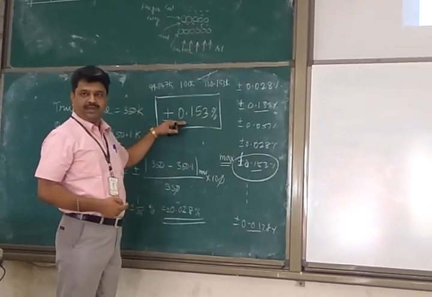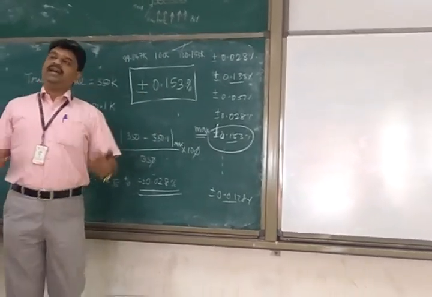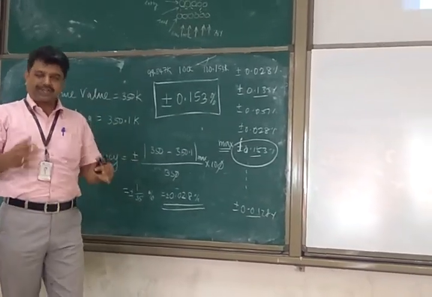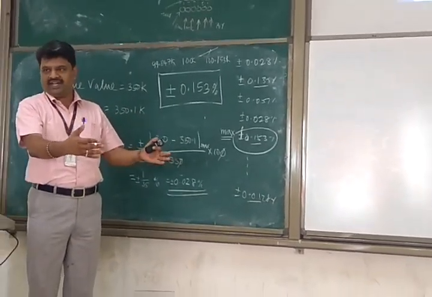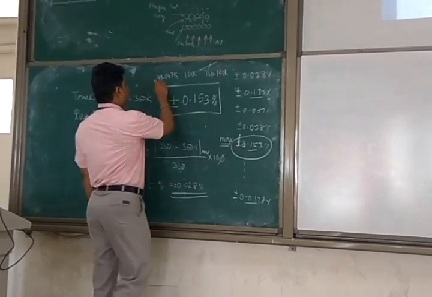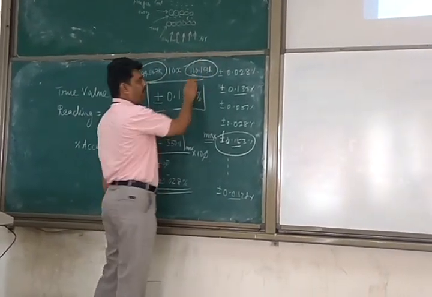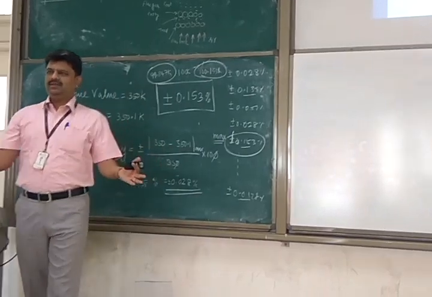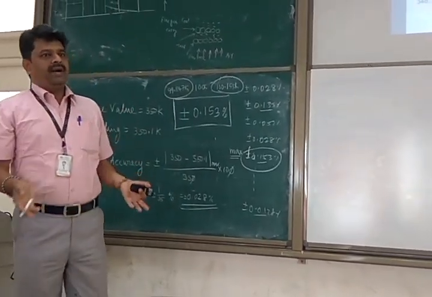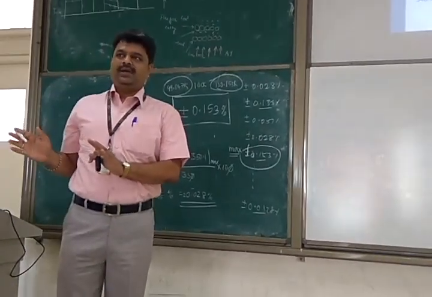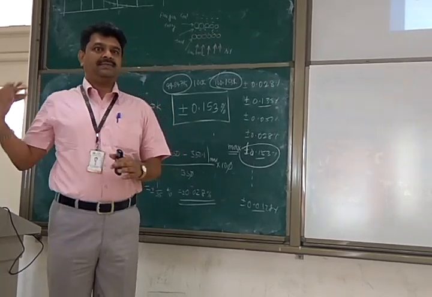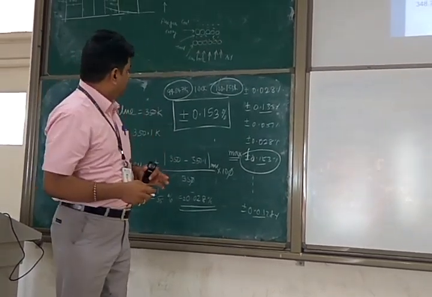If I measure 100 Kelvin temperature with the instrument, and my instrument shows 100 Kelvin, and I know the accuracy of the instrument is this, what I understand is the actual temperature of the medium which I am measuring, okay, could be from 99.847 to 100.153. It could be anything. It could be 100 also. But my instrument shows 100. But accuracy of the instrument is plus or minus 0.153%.